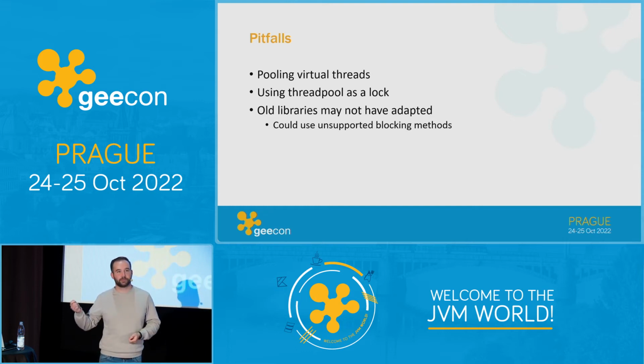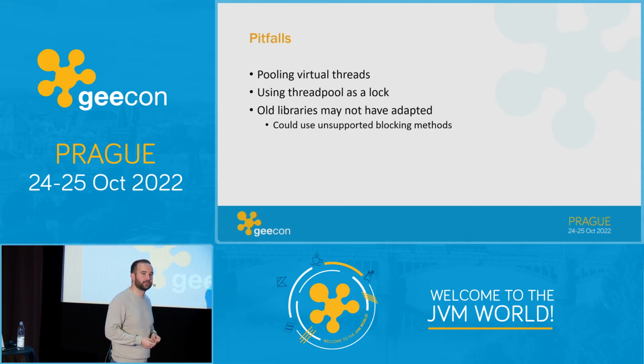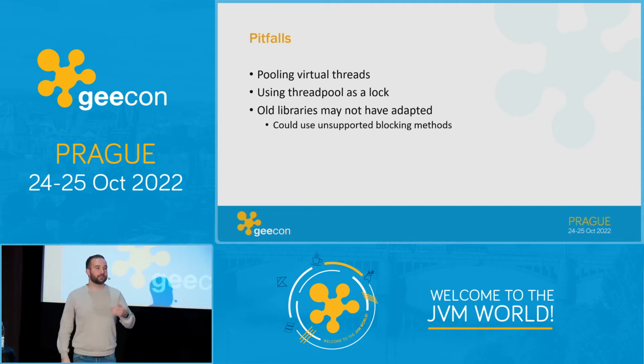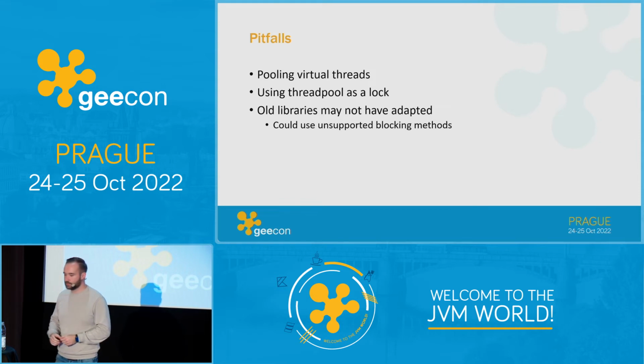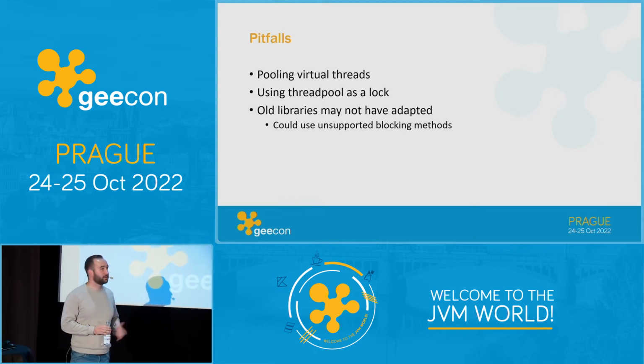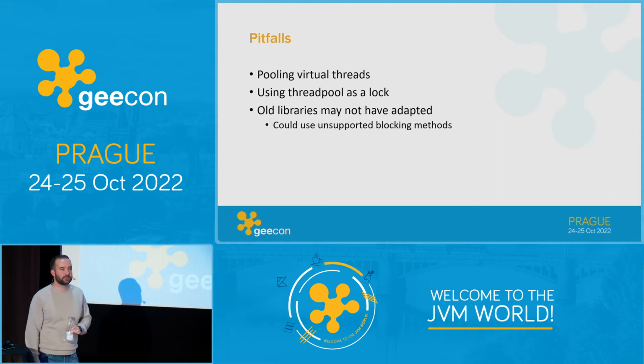It will call this external system. It will be blocked. At that moment, the carrier thread will pick up a new task, or a new virtual thread, and this will also make a call to this external system. And you can go on and on like that. So at one point, you will have a lot of concurrent connections to this external system. So my advice would be to use something like a lock, like a semaphore, to prevent DDoSing that other system.